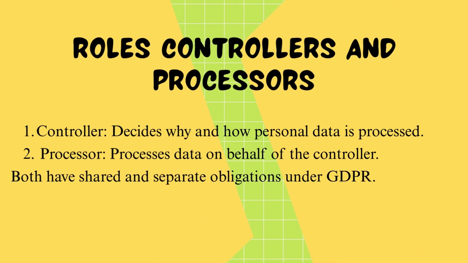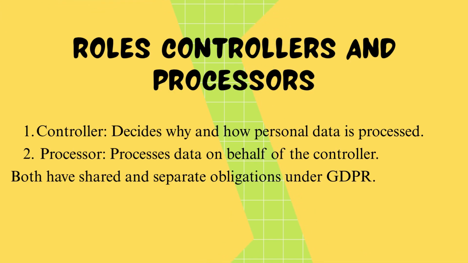Now, accountability is not just about one party. It applies to both controller and processor, but their responsibilities differ. Let's break this down. The controller decides how and why personal data will be processed. The processor acts on behalf of the controller, for example, a cloud hosting provider or payroll service.